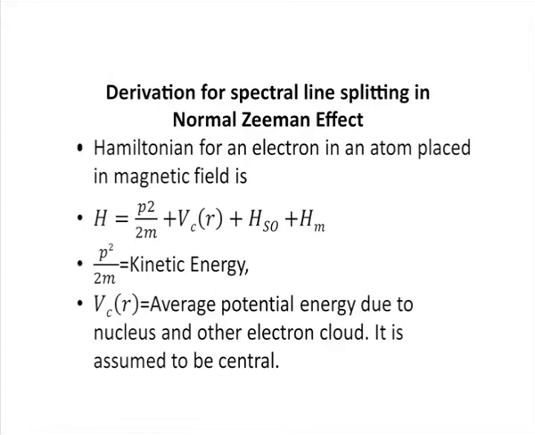V_c(r) is the average potential energy due to the nucleus and the other electron cloud. It is assumed to be central. Now, you must mark that V_c(r) is different from the Coulomb potential. Coulomb potential is central, but here V_c(r) is not necessarily central.